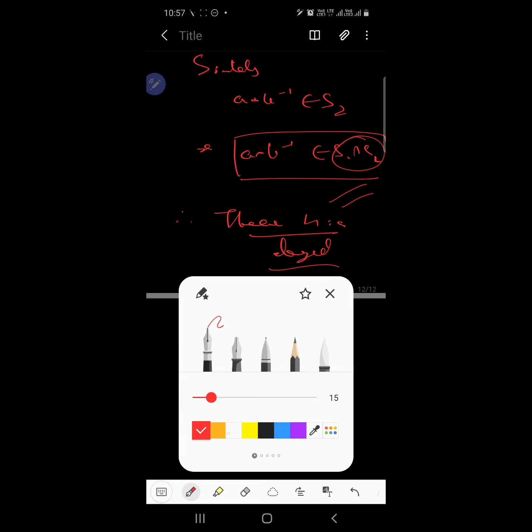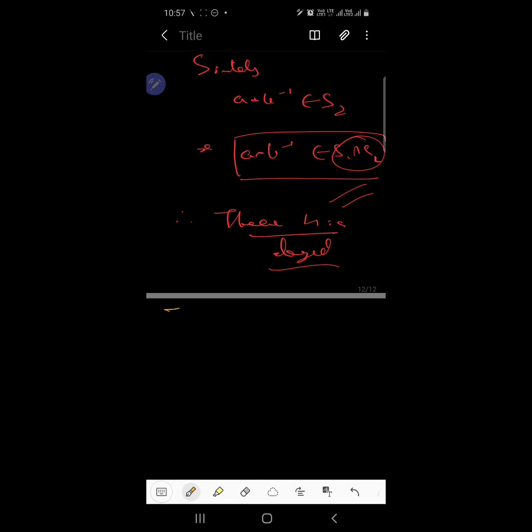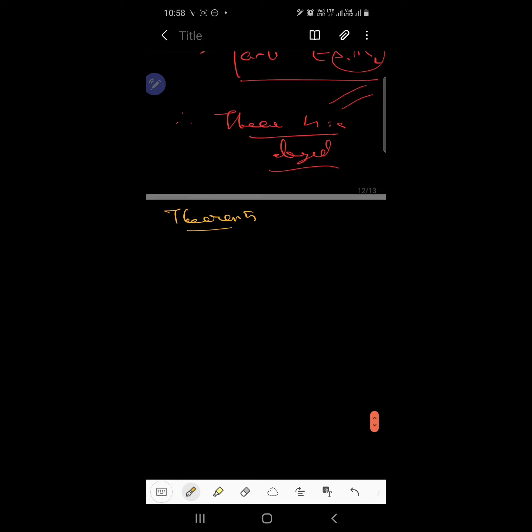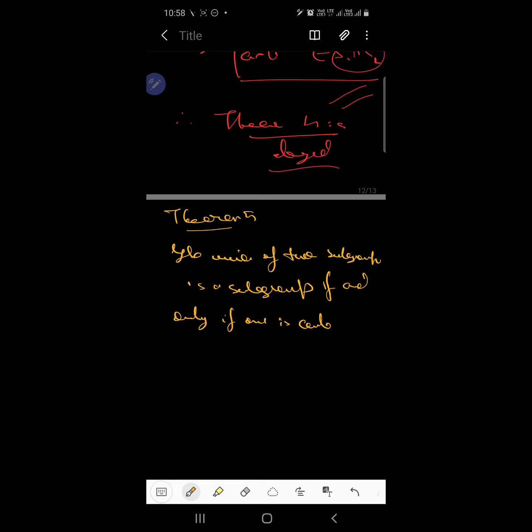Similarly, theorem 5 says that the union of two subgroups is a subgroup if and only if one is contained in the other.